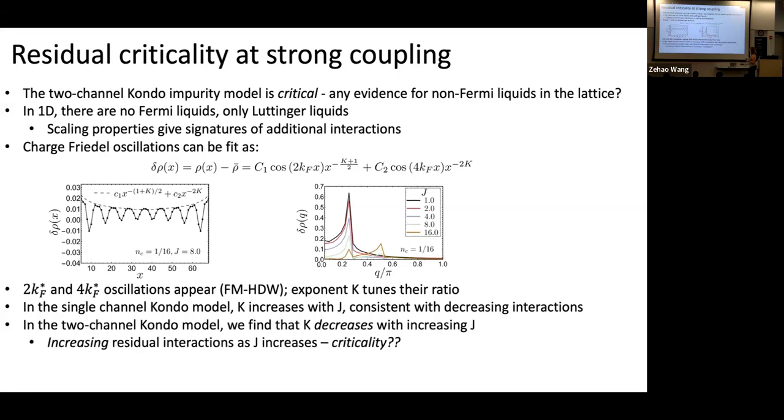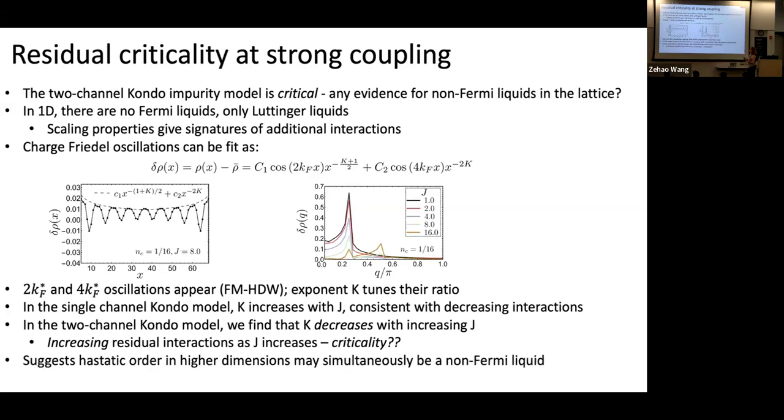Whereas here, we find that K is decreasing with increasing J. So we're finding increasing residual interactions as J is increasing. So this is suggestive that this is not just a normal going to a heavy Fermi liquid. When we go to higher dimensions, it might be a non-Fermi liquid instead of a Fermi liquid, in addition to the static order.